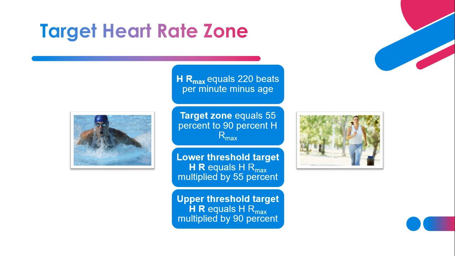So the ACSM recommends that individuals who desire to develop and maintain cardiorespiratory fitness should exercise at one of the following intensity levels: 55 to 65% on the low end, and up to 90% of your maximal heart rate.